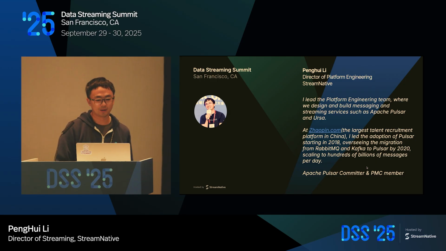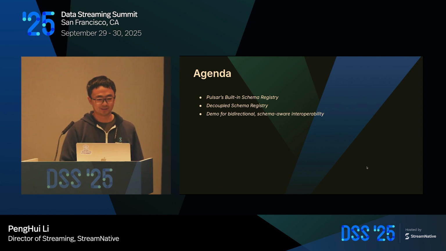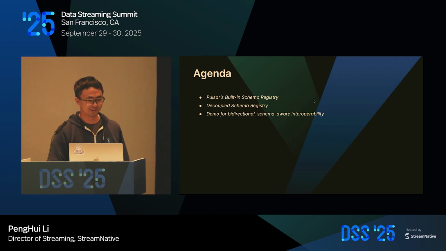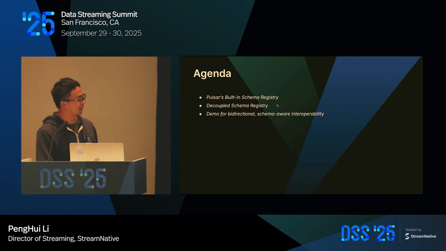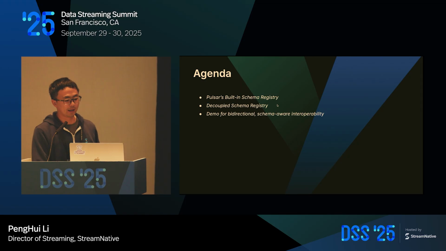Today's topic is the Pulsar schema registry. It's pretty specific to Pulsar and schema registry integration with other systems. This is the agenda. I will talk about Pulsar's built-in schema, which has existed in all previous versions.